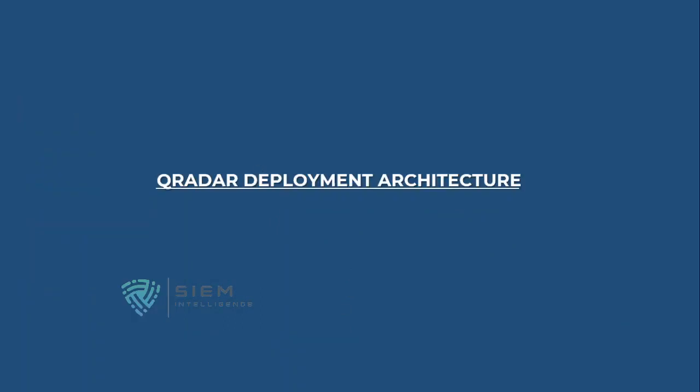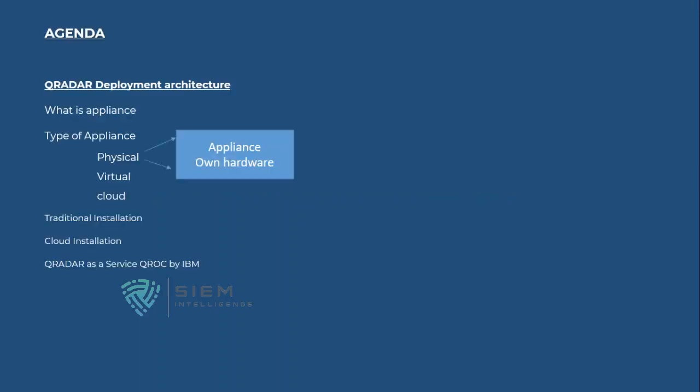If you talk about QRadar deployment architecture, QRadar is basically software along with hardware. Basically it is an appliance. Earlier IBM used to provide this as an appliance. An appliance is a combination of software along with considerable hardware.